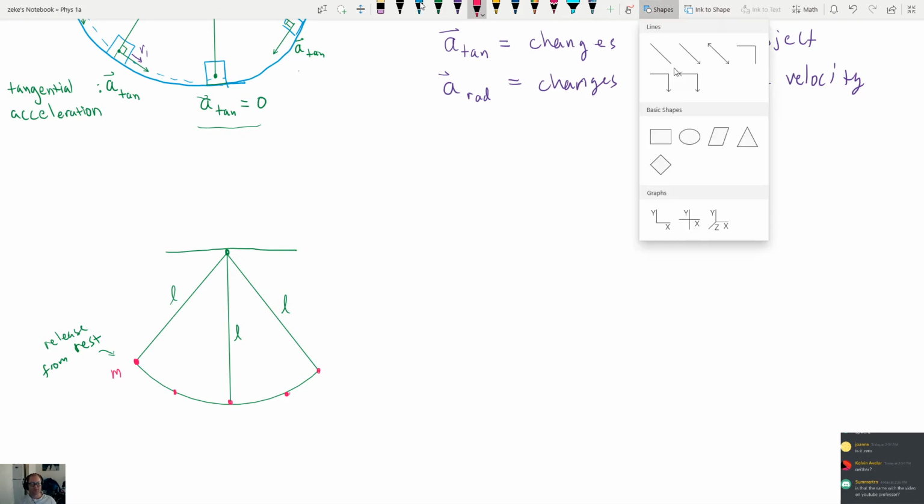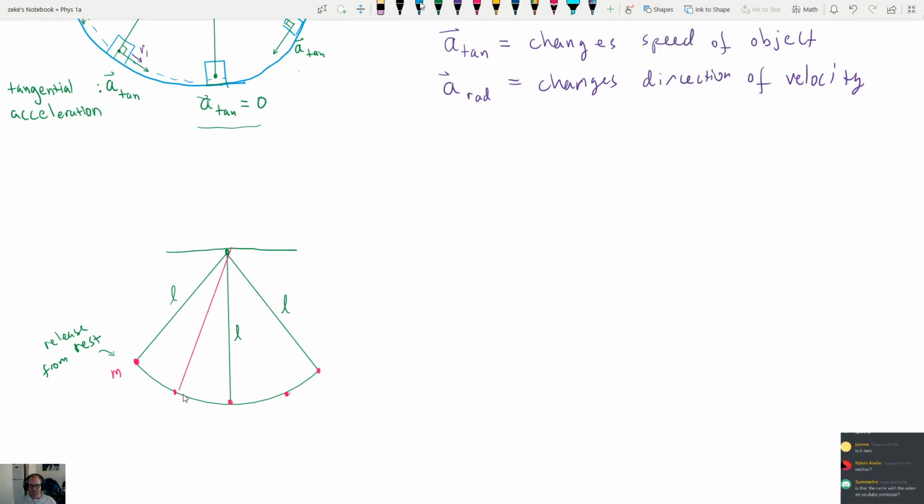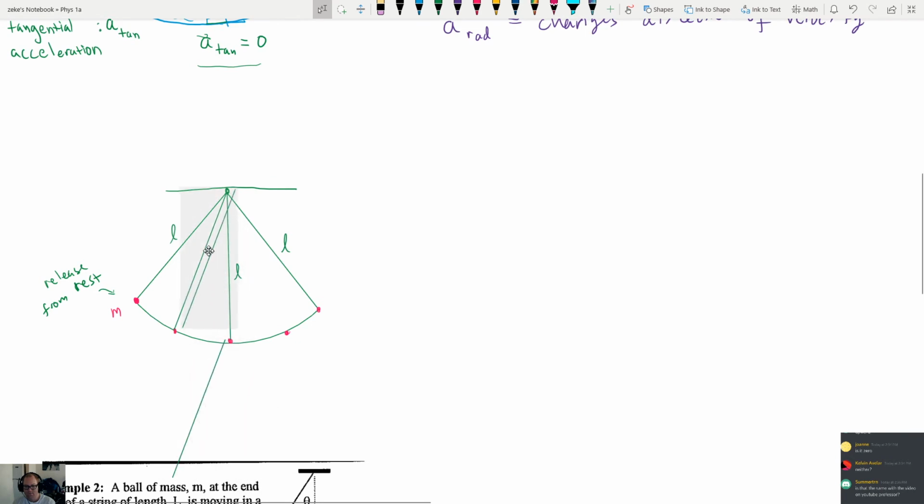So let's draw a couple other points in here. All right, so there's our mass and it's sliding along like this. Okay, so when the mass starts to move, what's the direction of the tangential acceleration at the beginning? So it's released from rest and it's going to swing all the way over to here and it's going to be at rest again right here as well.